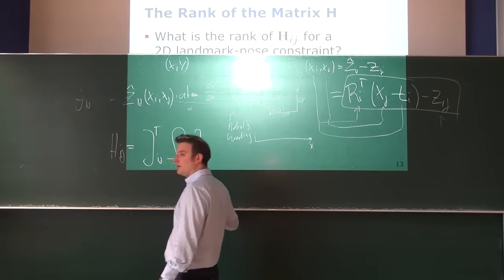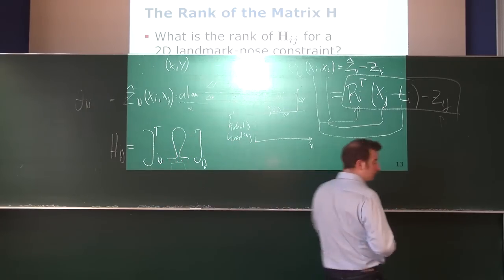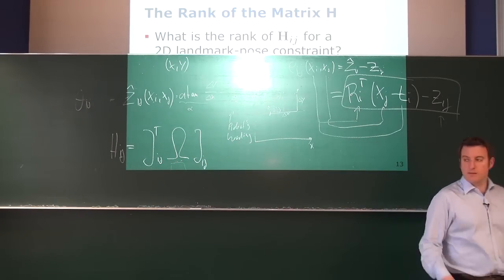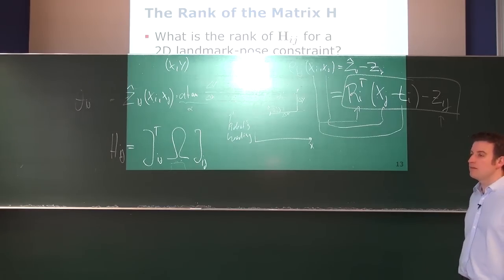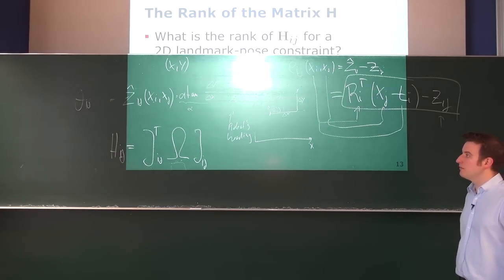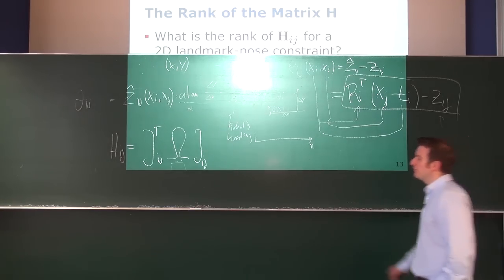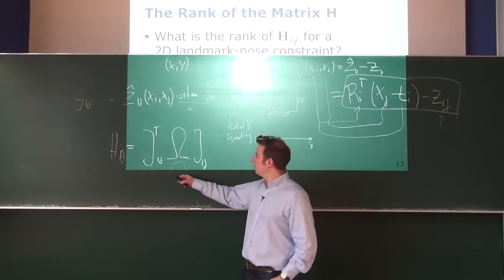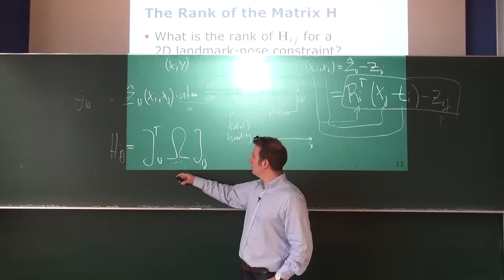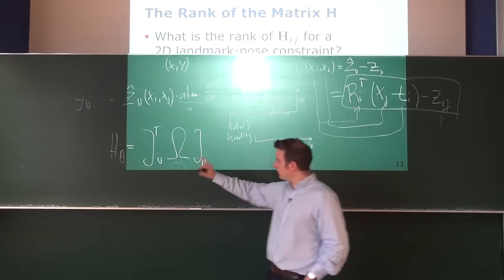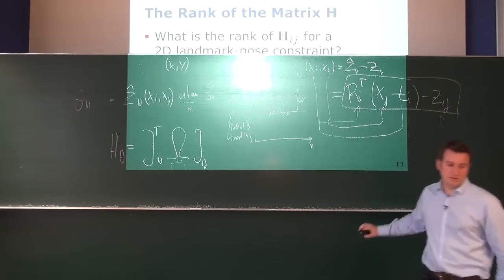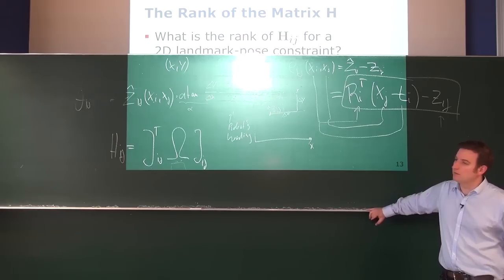What about the Jacobians? What is the dimensionality of the Jacobians? Is this 2? Yeah, close.